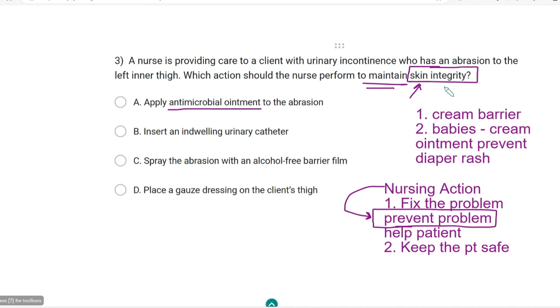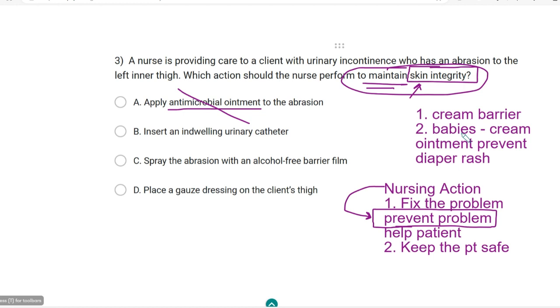The focus here, the subject, is on skin integrity and how we are going to maintain that. So we can eliminate this because it goes off the path. We need to stay on the path that they're asking you about. Get rid of antimicrobial ointment because we're not treating an infection or preventing an infection.